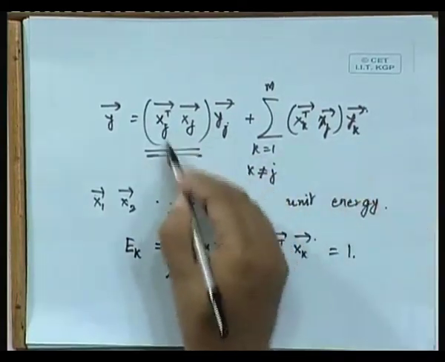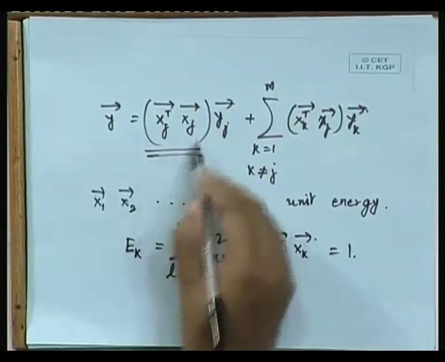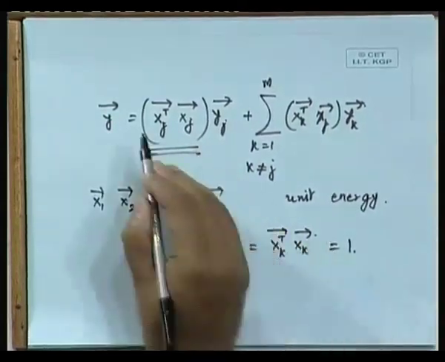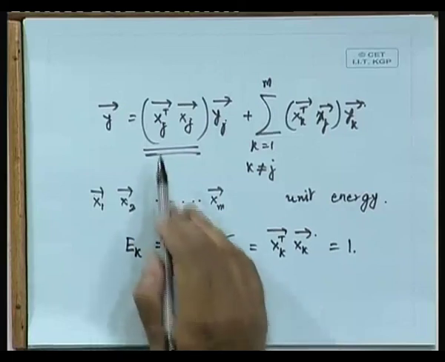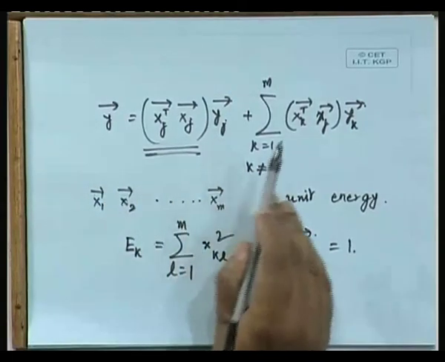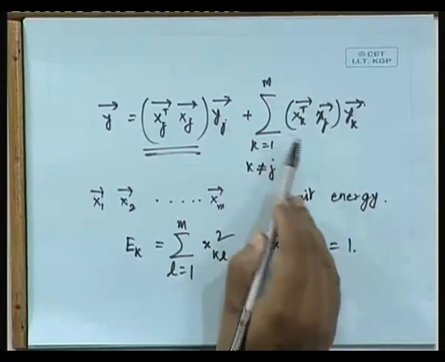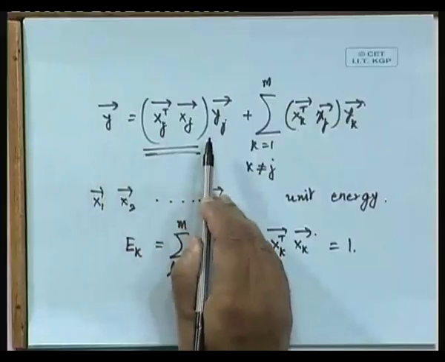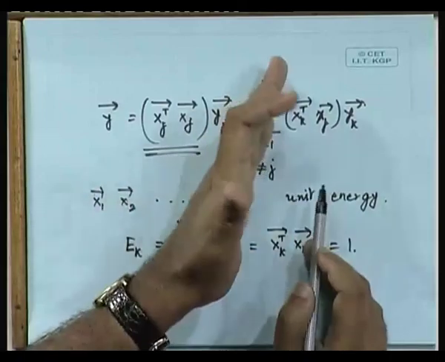That in this expression we substitute xj transpose xj to be equal to 1, and in that case what do we get? You get y is equal to yj plus this term. Now, you expected y to be equal to yj, and there is one additional term which is coming in between, which is creating the trouble for us. This additional term that we are getting is essentially a noisy term. So, in the next class we will see how to deal with this noisy term. Thank you very much.